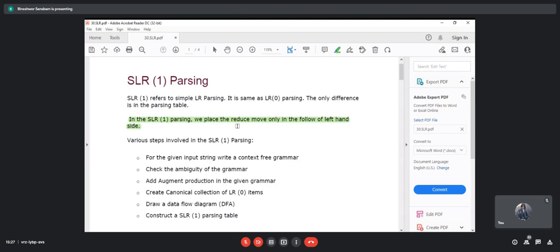In LR0 parsing we place the reduce move in all the available columns, but here in SLR1 we are going to place it only in the follow of the left hand side.